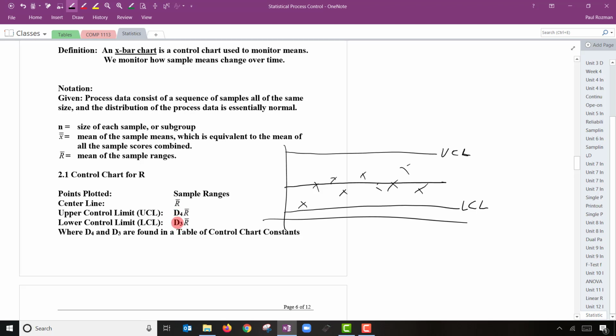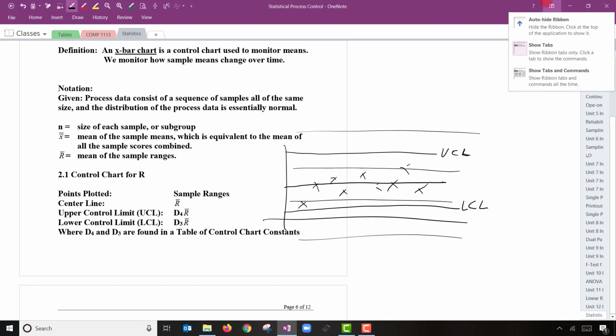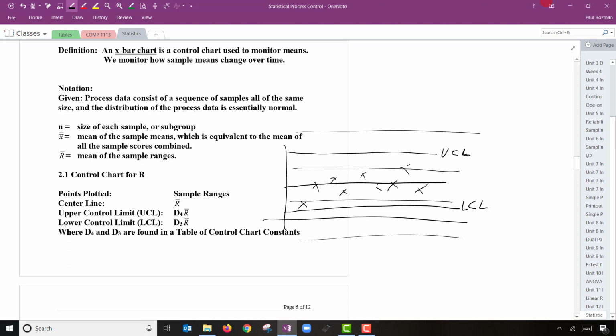These factors depend on the sample size. So, if you have small samples, you would allow for more variation, and if you have large samples, these things would narrow down. So that's how those end up working from the chart.